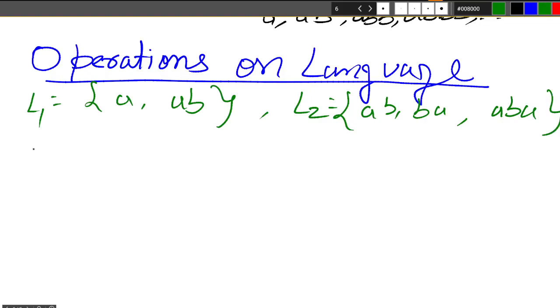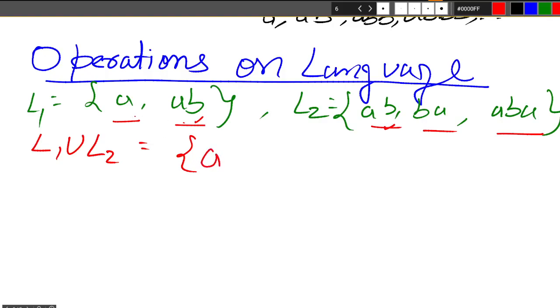So if you are performing the union operation, L1 union L2, what happens in a union of sets? Union means all the elements are kept together. Only the elements which are repeated will be kept only once.